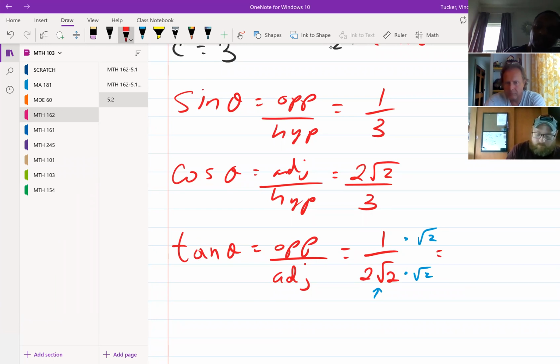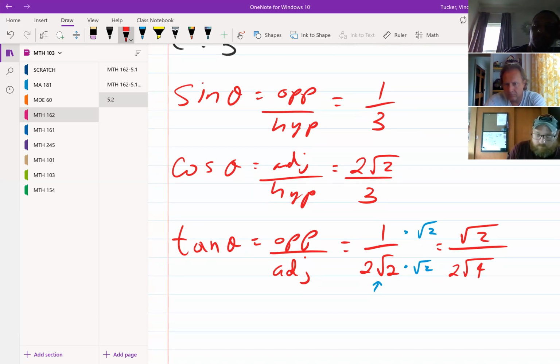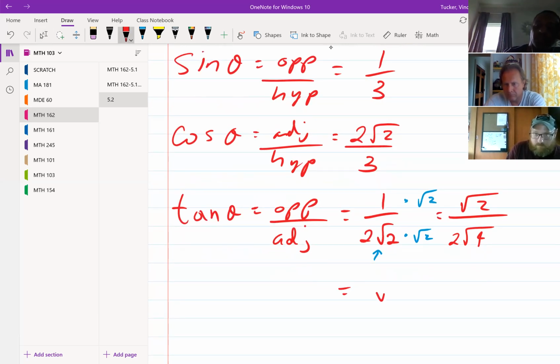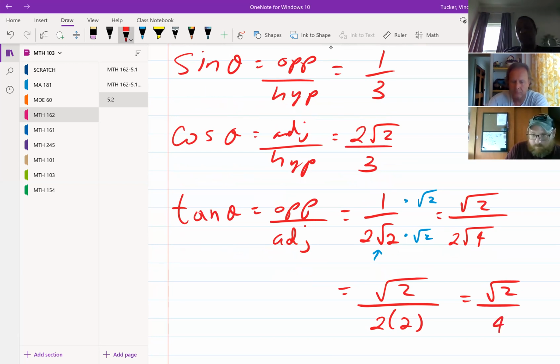If you go through the process, you multiply top 1 times square root of 2 is just square root of 2. On bottom, you have 2 square root of 4 because you have square root of 2 times square root of 2. And I'm just walking you through the process. Some of you already know this, but square root of 4 is 2. So you have square root of 2 over 4. All right, before we do the other 3 problems, any problems?